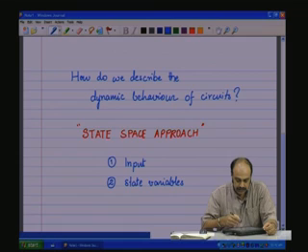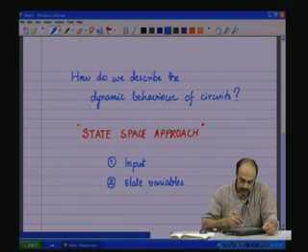You may not have come across the state variables. Let me give you an idea about the state variables before we proceed further in this state space approach. If we have the knowledge about the input variable value and the state variable values, then the whole system can be defined.